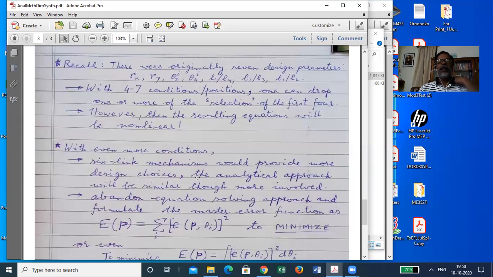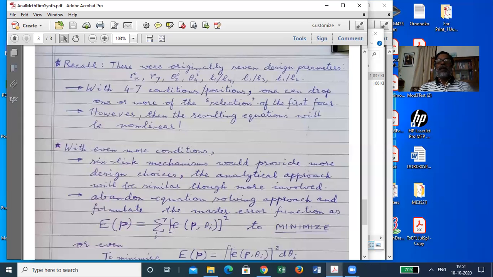Another possibility is to explore the limits of the 4-bar mechanism itself or 6-bar mechanism for that matter. And in that way of things, you can say that officially we are abandoning this equation solving approach and we are formulating the master error function in this manner.